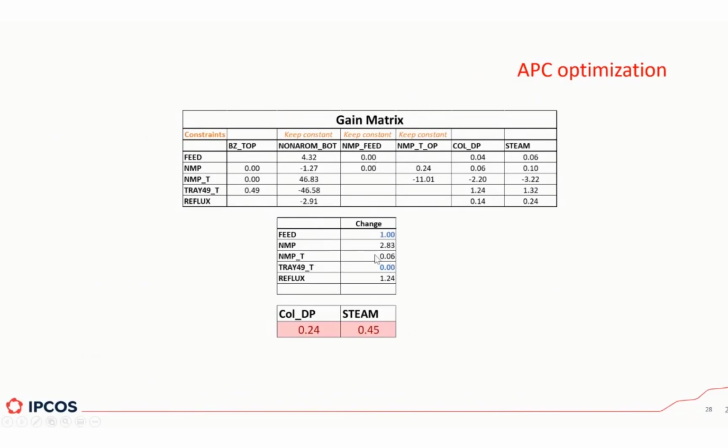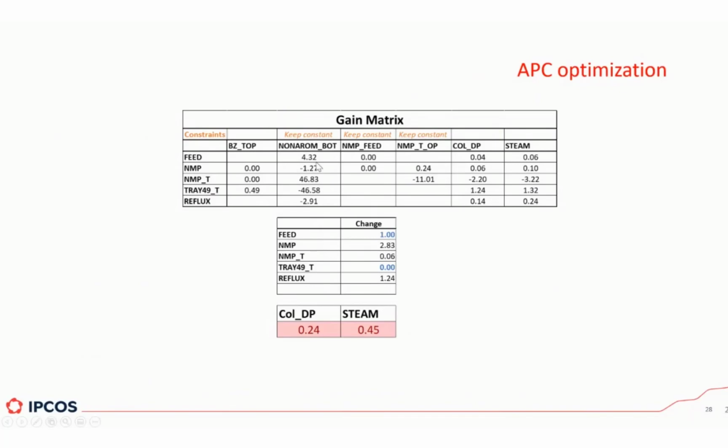The temperature of the solvent will have to increase to keep the cooling capacity of the solvent within control. And the reflux to the column will have to increase as well, because when you increase the feed, you get more impurities in the bottom.